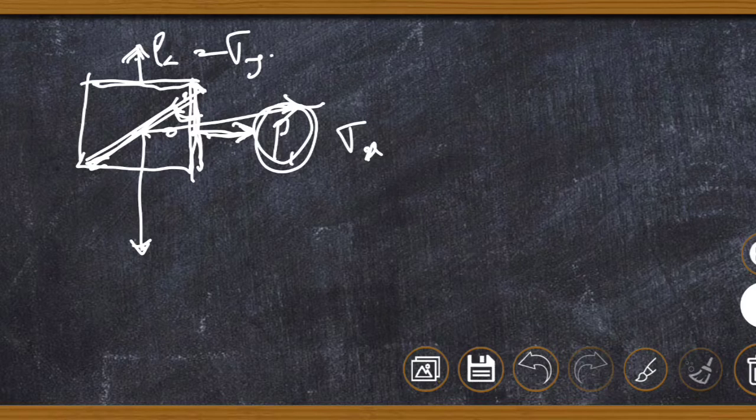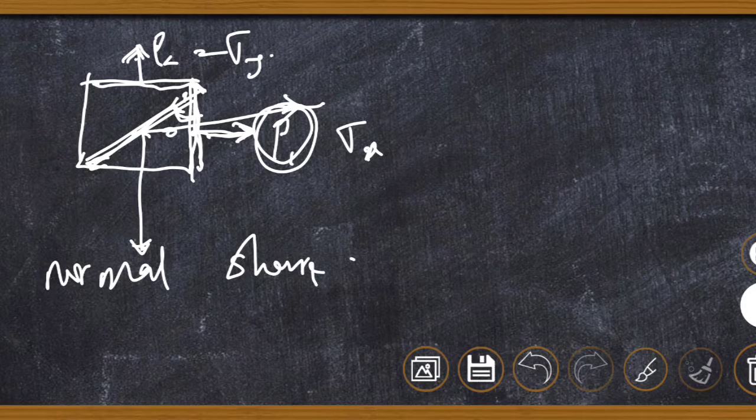The section will be subjected to a normal stress, as you ought to know, and also to a shear stress. Now, when I was dealing with a body subjected to a single directed force, we said the normal stress in the body should be equal to the stress times cos square of theta, the angle of inclination.